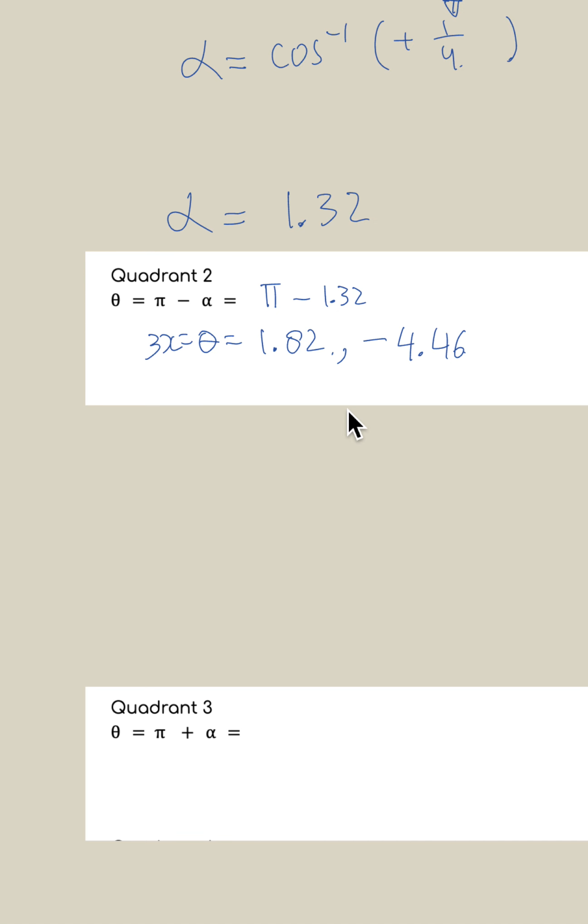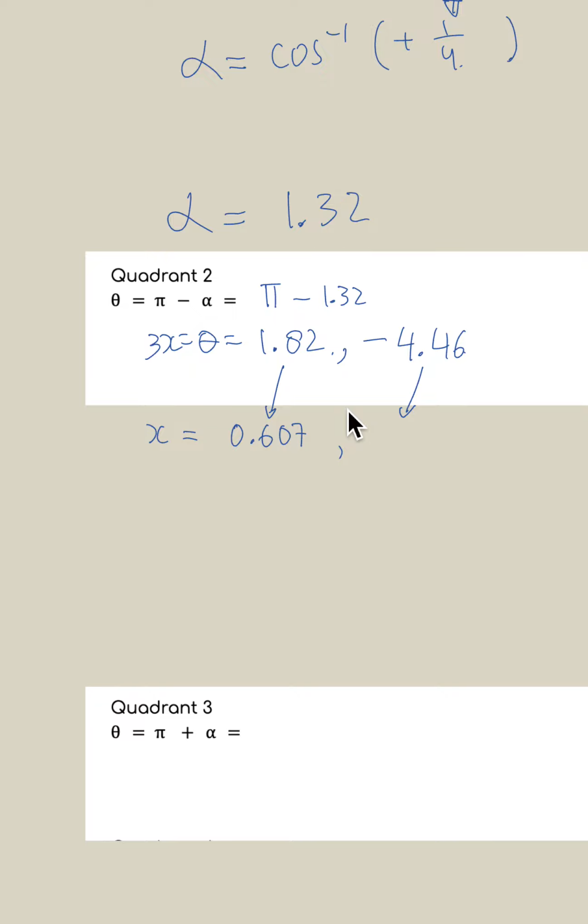Is that the answer? No, of course not, because that's 3x. The question asks for x. We simply divide by 3. So 1.82 divided by 3 is 0.607.